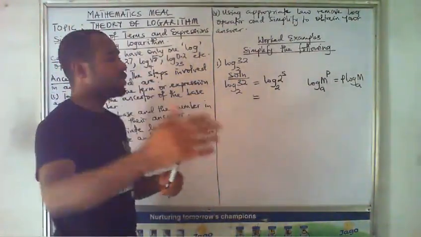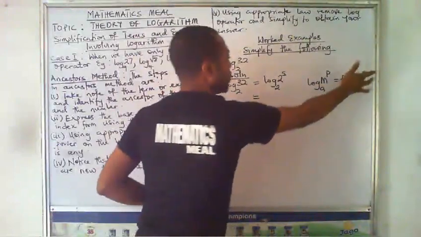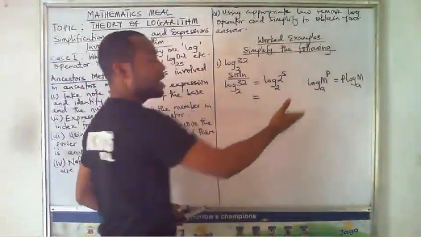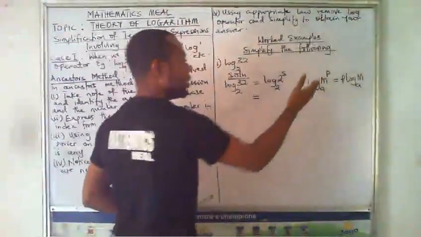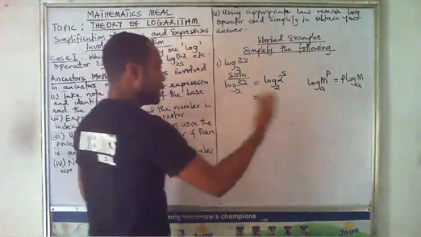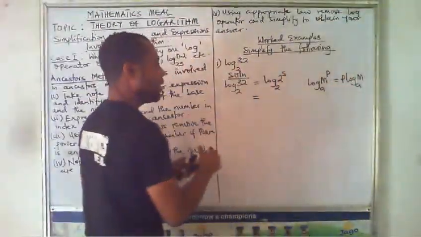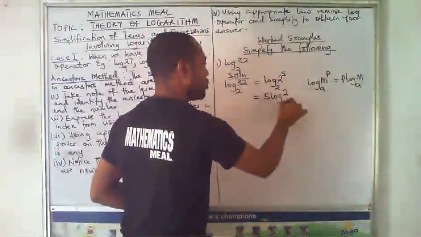In some other question, there may be a need to bring this to become the power of the number. There are questions that will demand that we move it from here to here. But in this case, this question is demanding that we move this from here to here. That means from here, we're going to have 5 log 2 base 2.